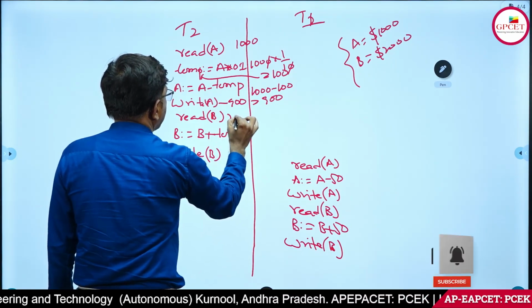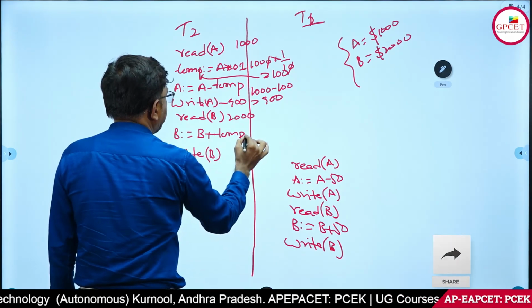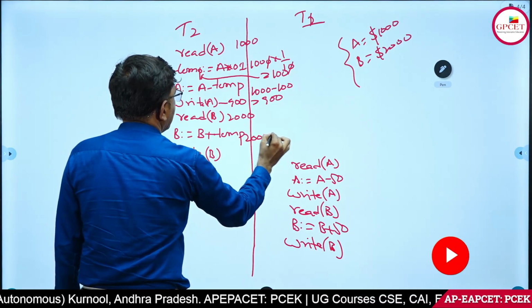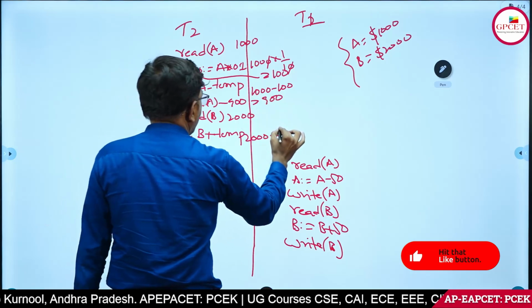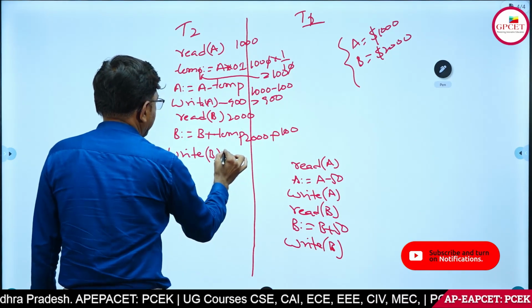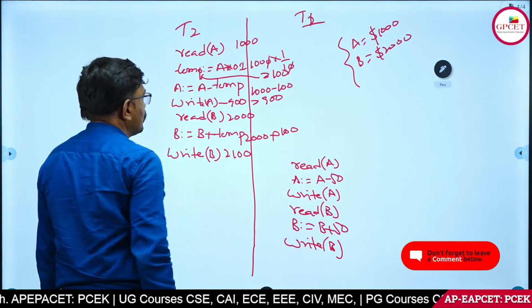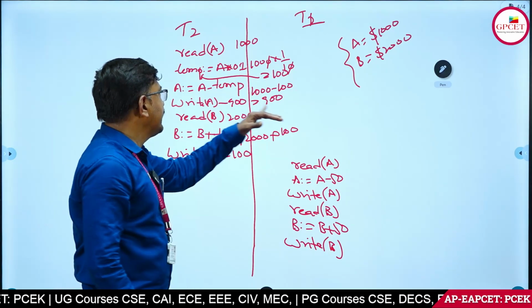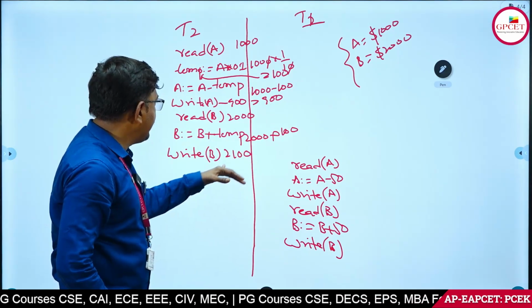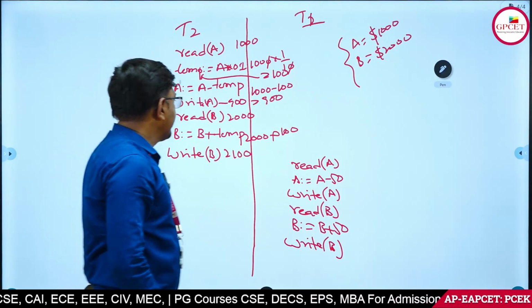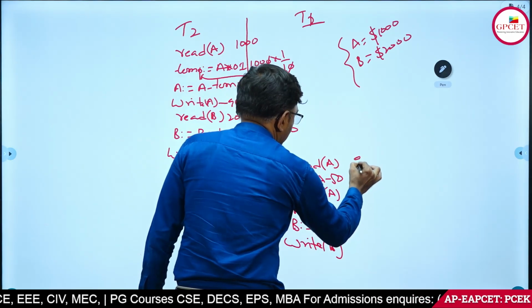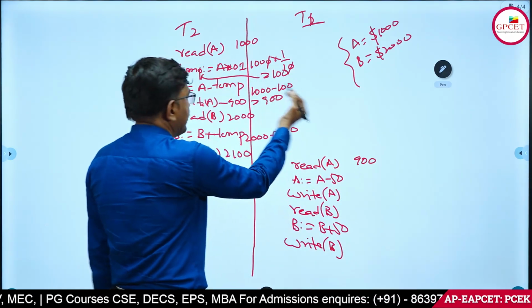Read B, 2000. B equal to B plus temp, that is 2000 plus 100. Write B is 2100. A value is 900, B is 2100. Here read A is 900. Why?